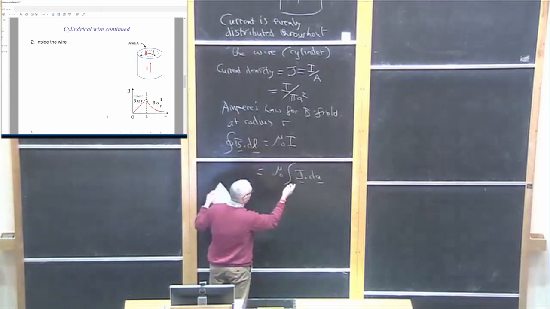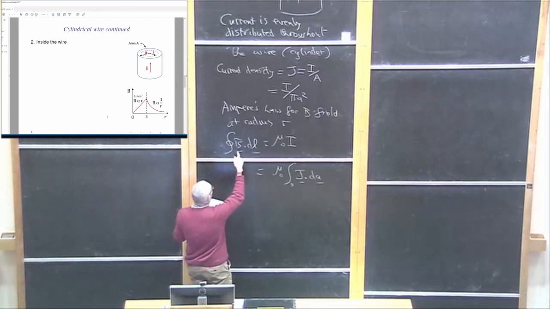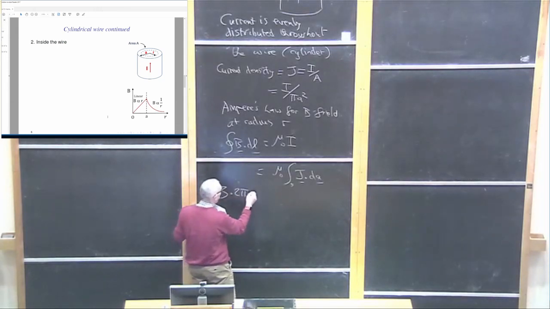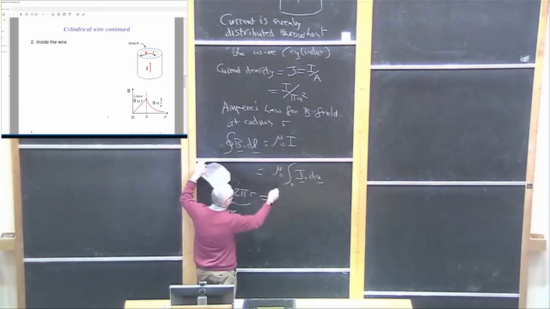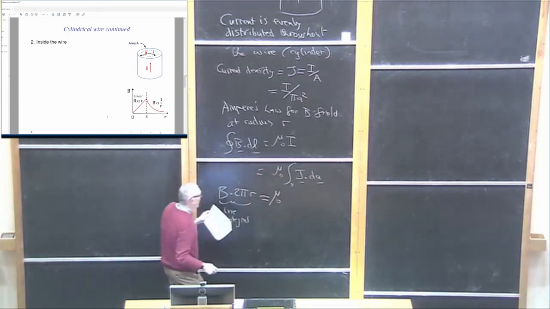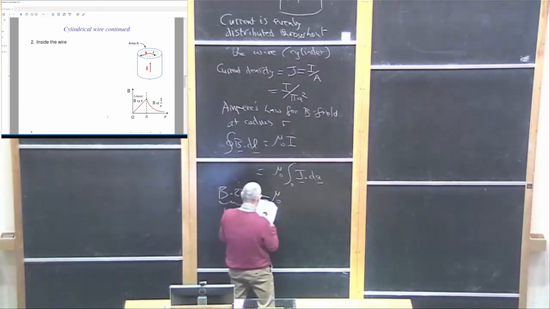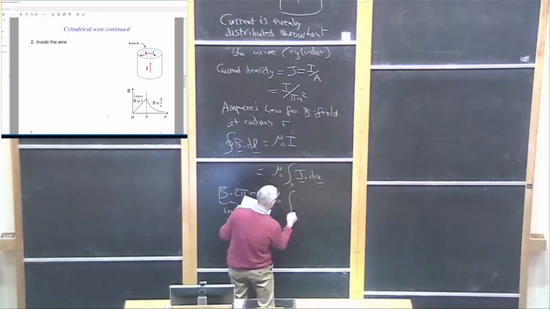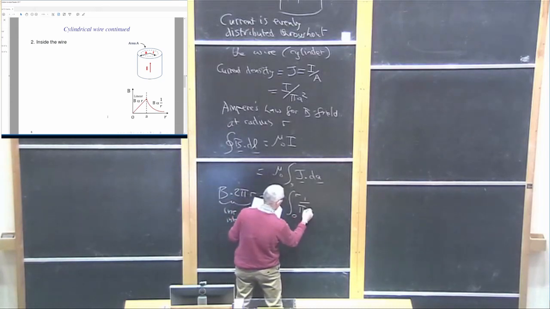Right, so the current, this becomes the line integral of B times 2 pi r, which equals mu naught times the integral from 0 to r of I over pi a squared.